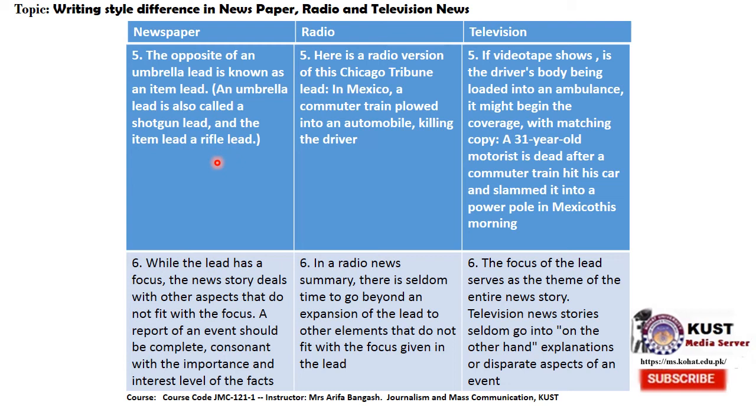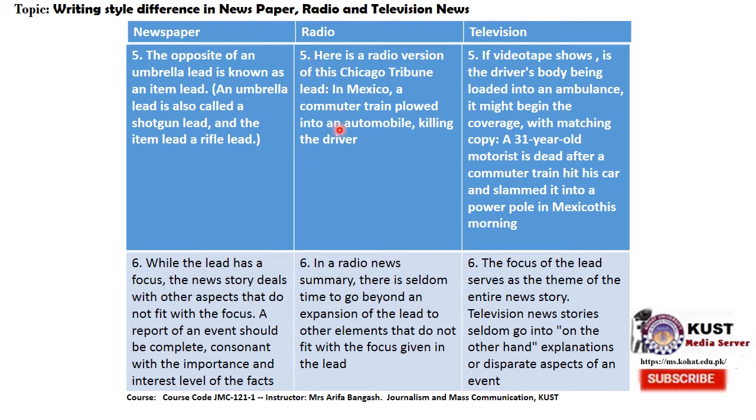Here's an example of a multiple element umbrella lead from the Chicago Tribune: A 31-year-old motorist was killed and 900 customers lost electrical power Thursday after a commuter train plowed into a motorist's car and hit a power pole, police said.